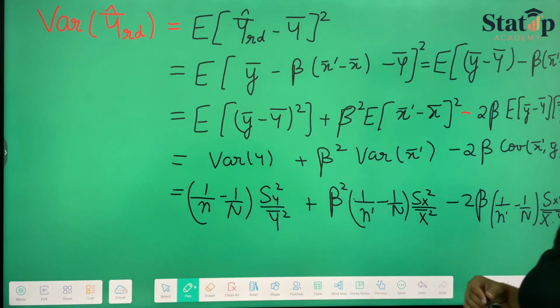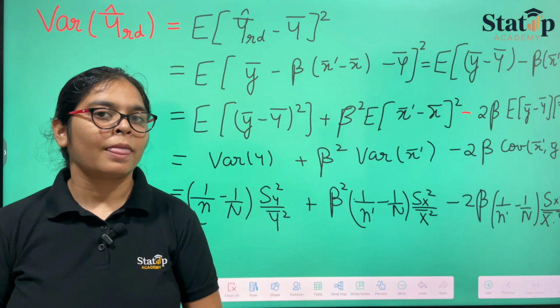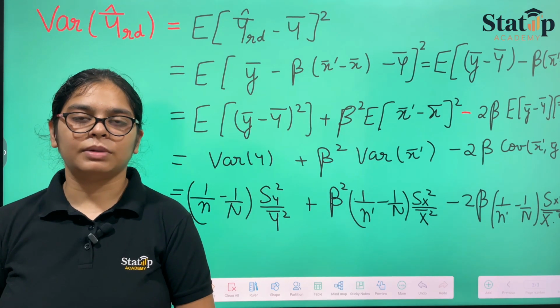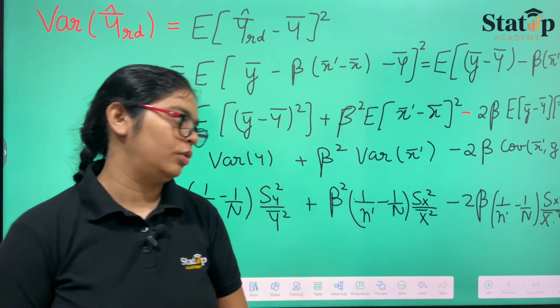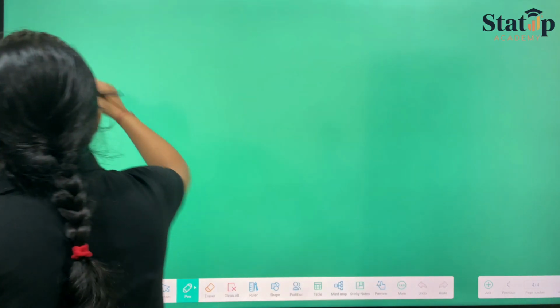So this is the variance of the regression estimator in double sampling when the value of beta is known.